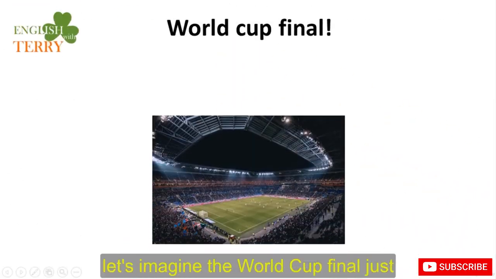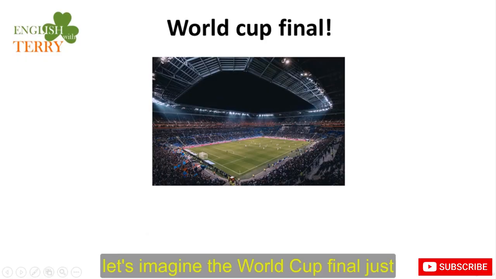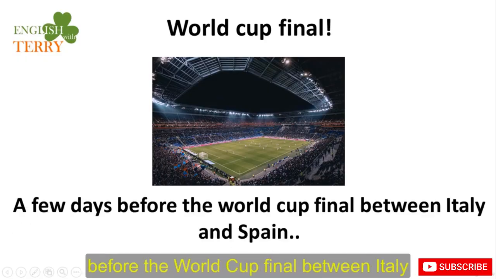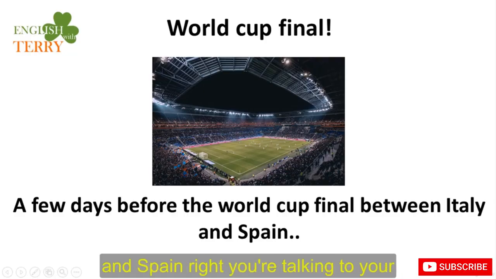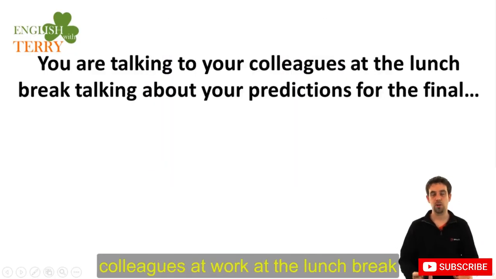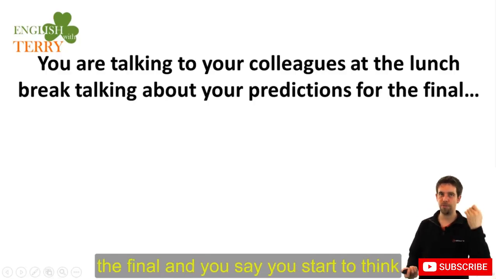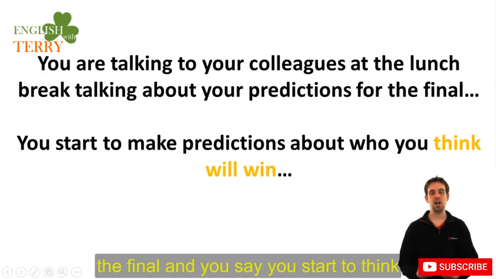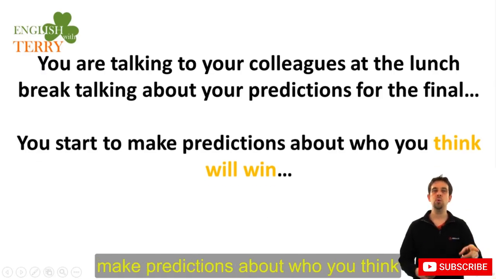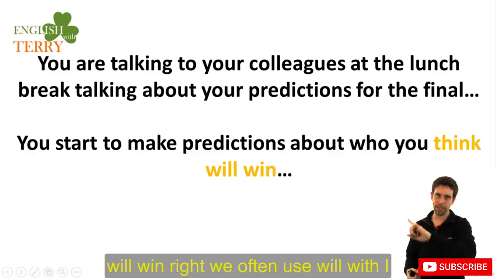So let's imagine the World Cup final, just to show you the examples, right? A few days before the World Cup final between Italy and Spain, you're talking to your colleagues at work at the lunch break, talking about your predictions before the final. And you start to make predictions about who you think will win, right?